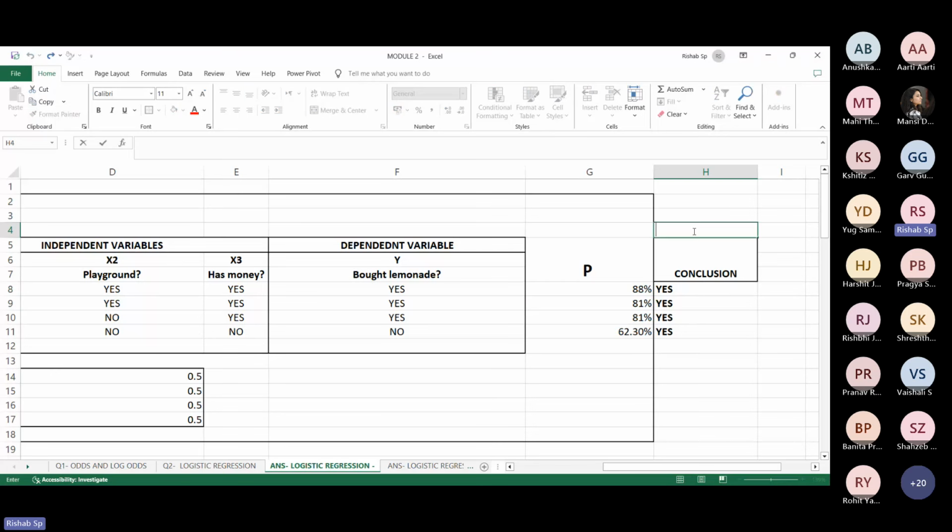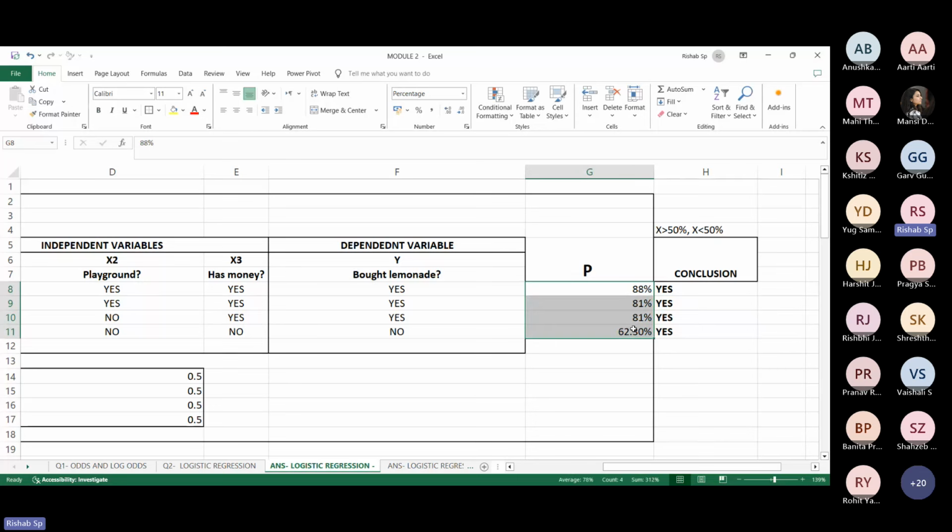If the value is greater than 50%, it means that the event can happen. There are chances that case 1 might happen. If the value is less than 50%, we'll say no, the chances that this might happen are very low, so it might not happen.